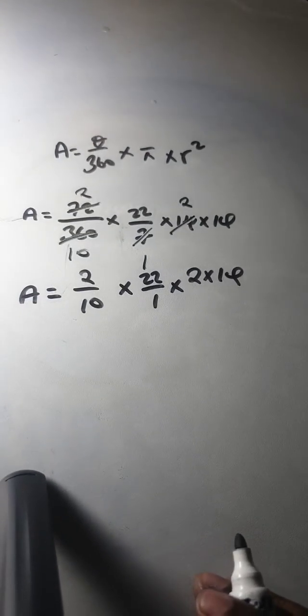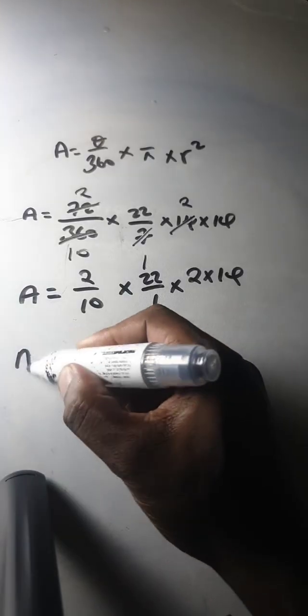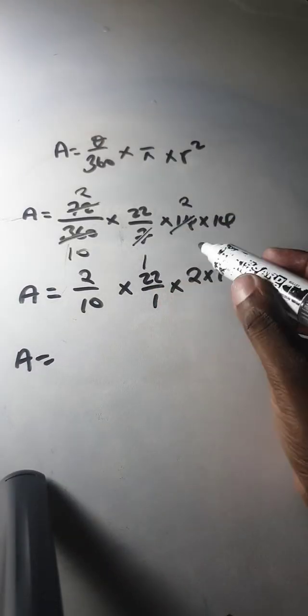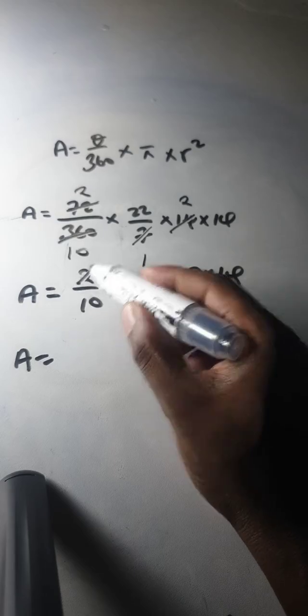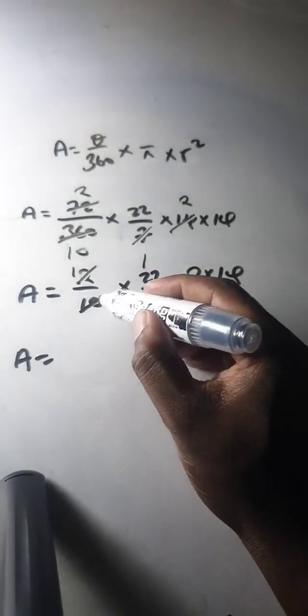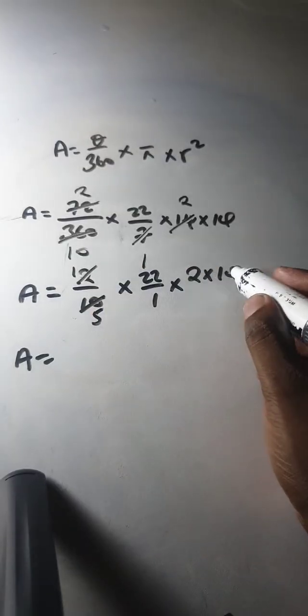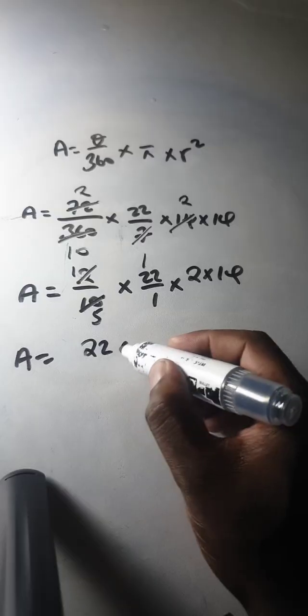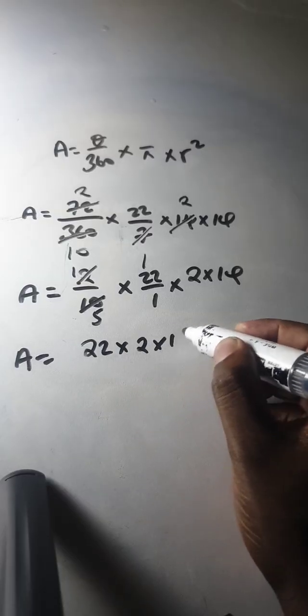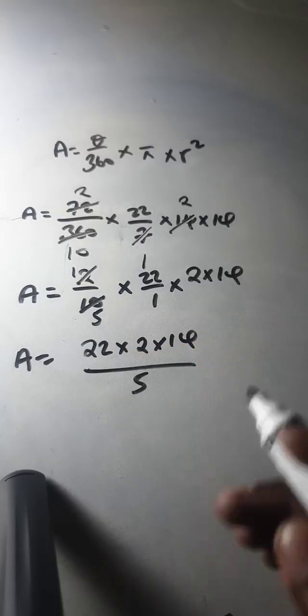You have seen, right? Then we can simply say 2 there, 1, 2 there, 5. So I have 1 times 22 times 2 times 14 over 5.